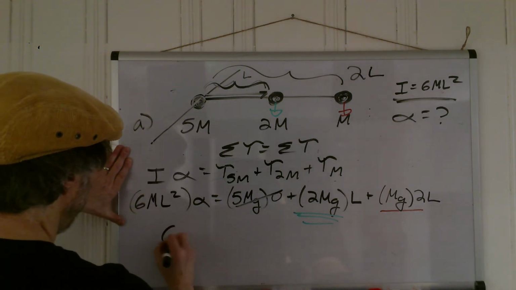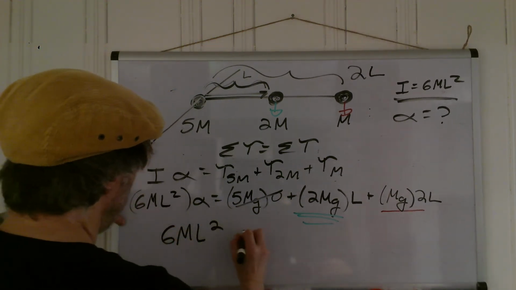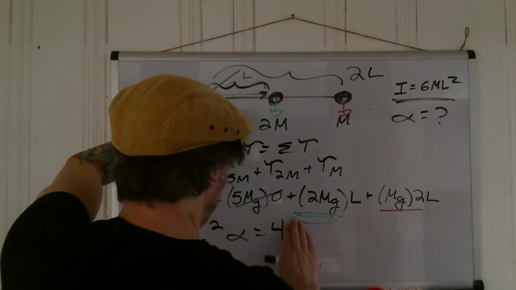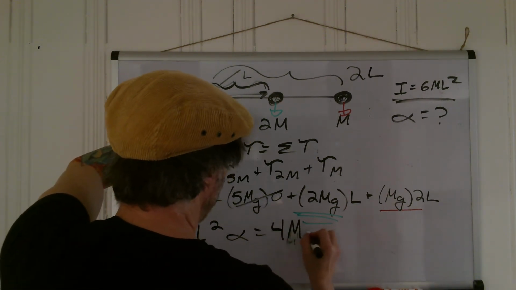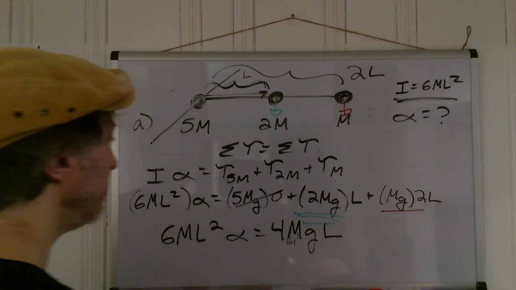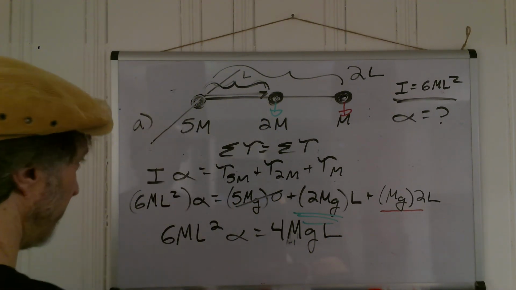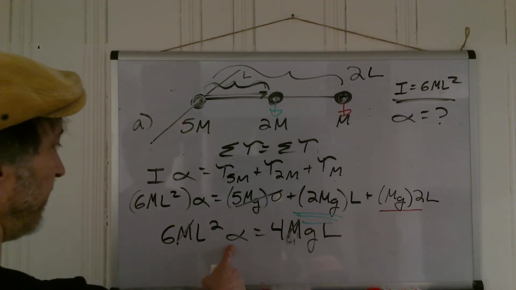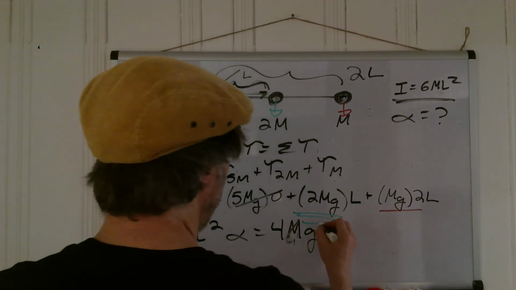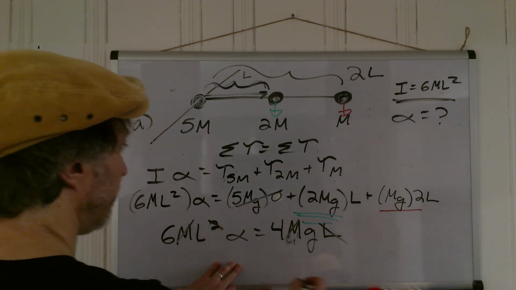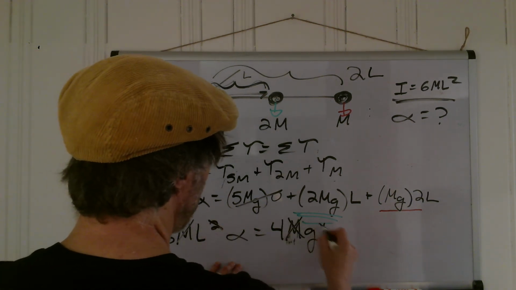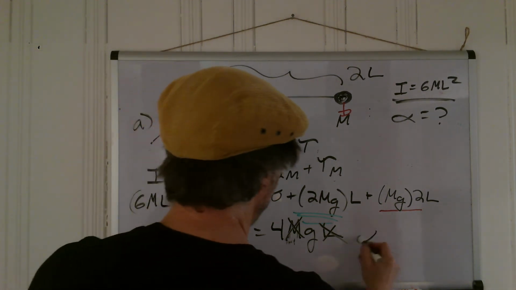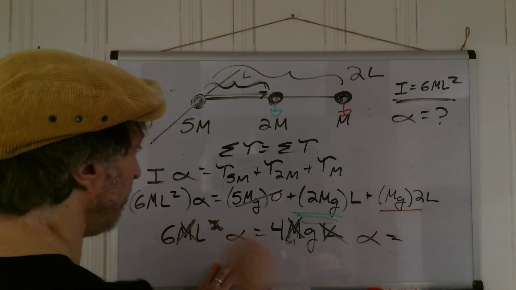So I'm looking at 6mL squared alpha equals 4mgL. And then let's see what cancels. So the m's cancel, right? We're trying to find alpha. So I can divide both sides by L. And so it looks like alpha is going to end up being, I've got to divide both sides by 6L.